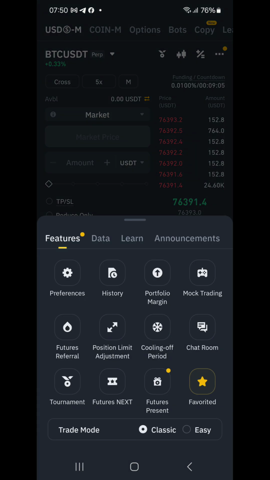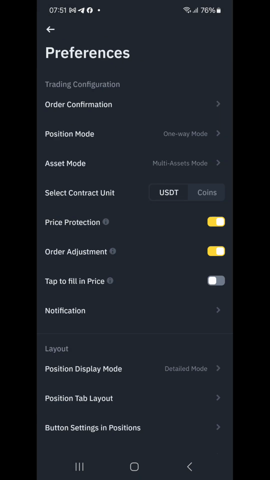Let's go once again, and this time we are here. Now let's tackle the main tab called preferences, under the features tab. We see preferences gradually move to the other side. So in this video we are tackling basically the preferences, your settings. Hit that. Now when you hit that, we have preferences, trading configuration, and then we have order confirmation.